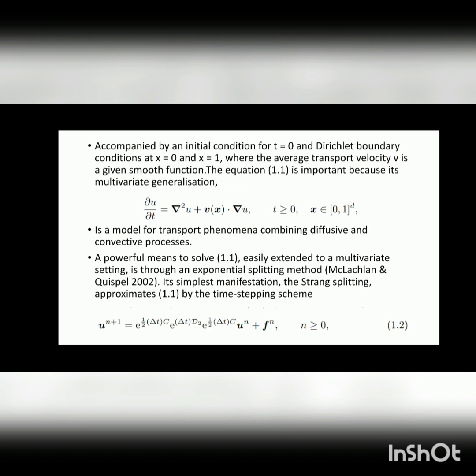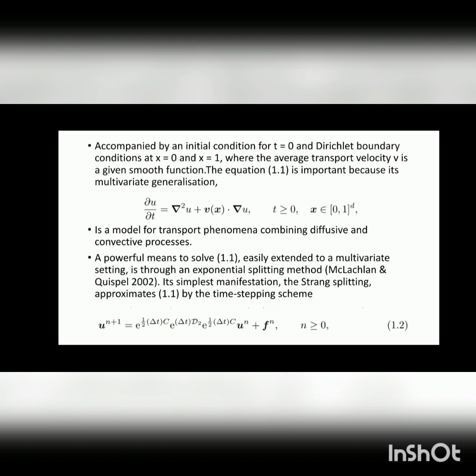Equation 1.1 is important because its multivariate generalization is a model for transport phenomena.